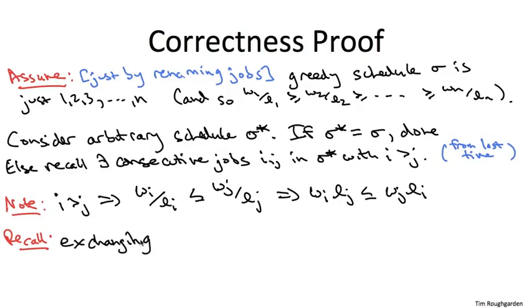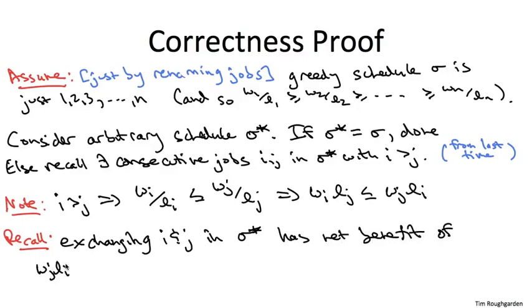So arguing as in the previous videos, we can claim that exchanging i and j in the schedule sigma star has a net benefit, that is a benefit minus cost, of w_j l_i minus w_i l_j. That's because job j's completion time drops by l_i, and job i's completion time increases by l_j with this exchange. And so this is non-negative.